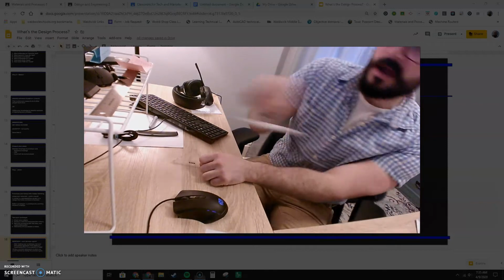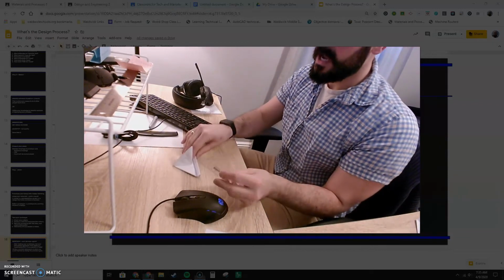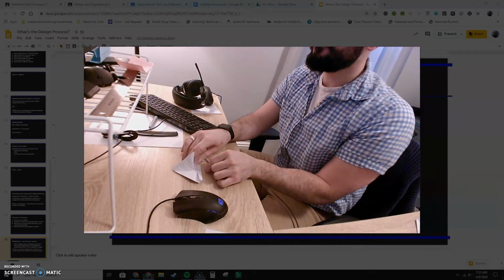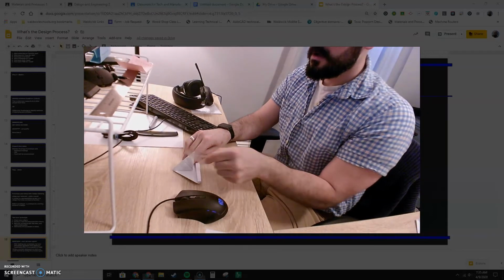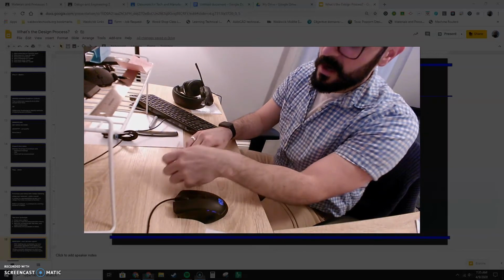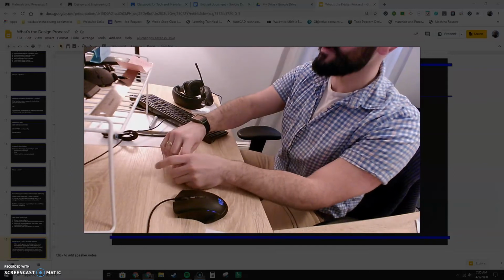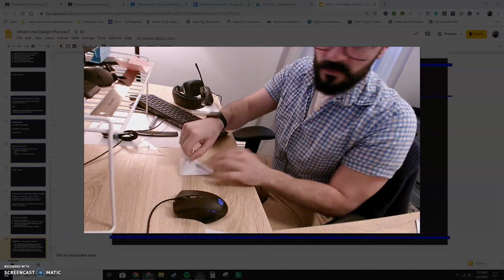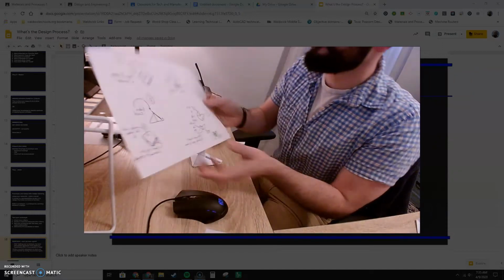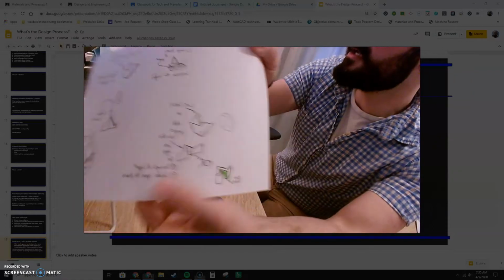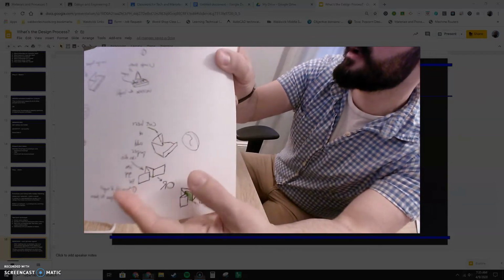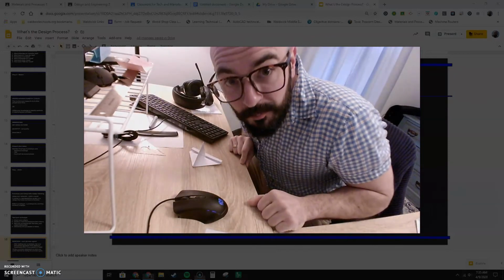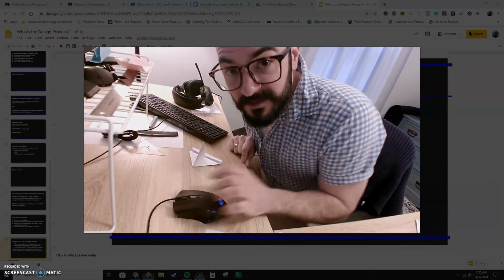I then took my original, which has a 90 degree viewing angle. I set it up so I can have that 45 degree viewing angle, and I drew a line. Following my design right here, I then build my prototype with this model.